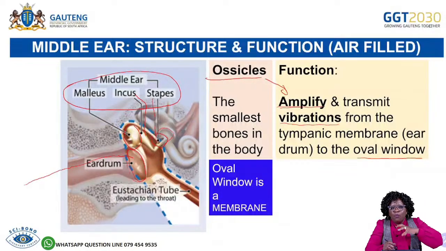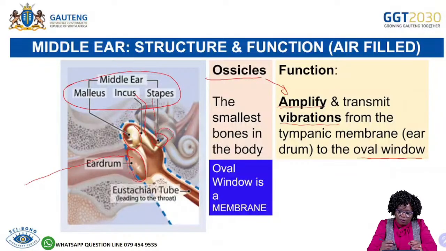Amplification means to make the sound louder, so that as I speak to you, you are able to hear what I'm saying. In a very quick way, there is movement of sound waves from outside through your pinna into the middle ear to the inner ear, as we'll discuss now when we carry on.